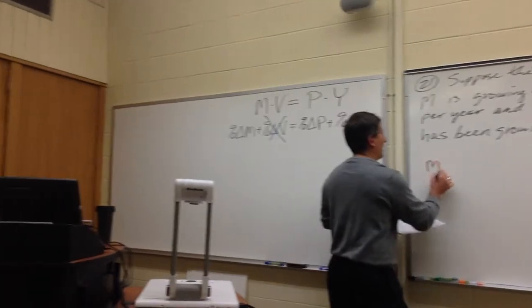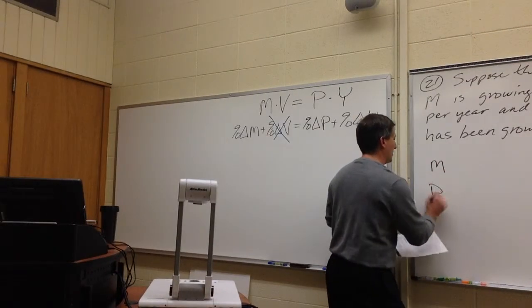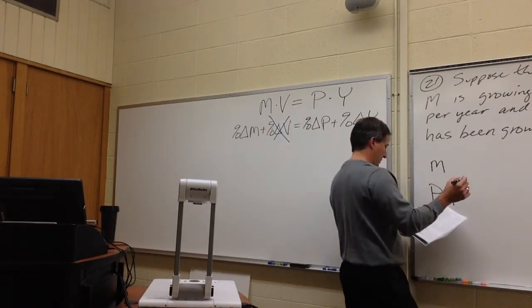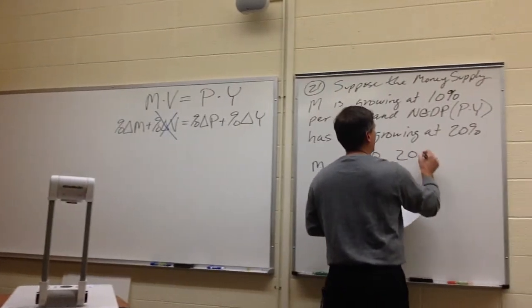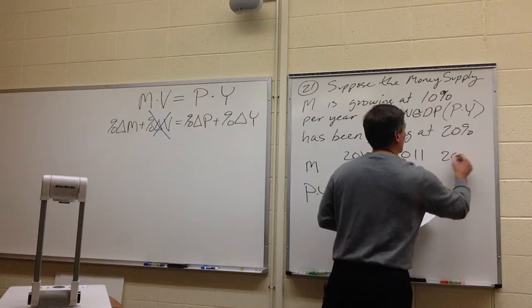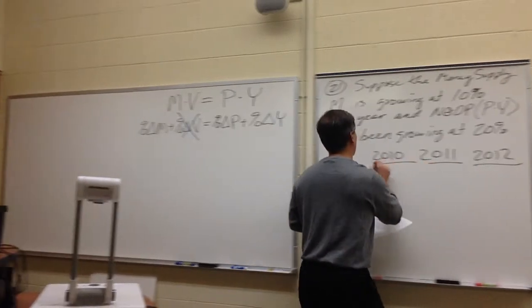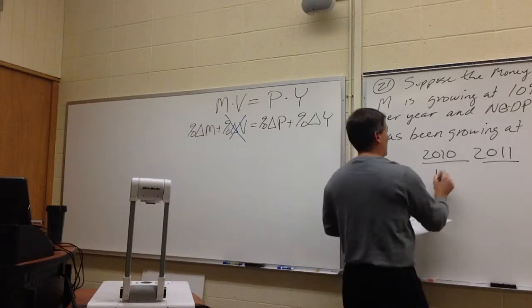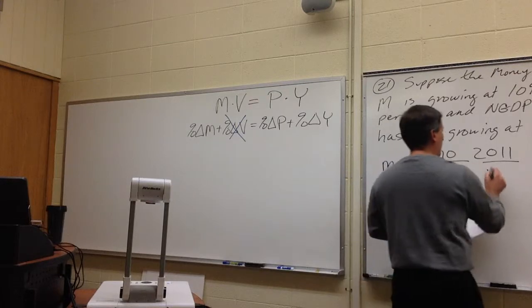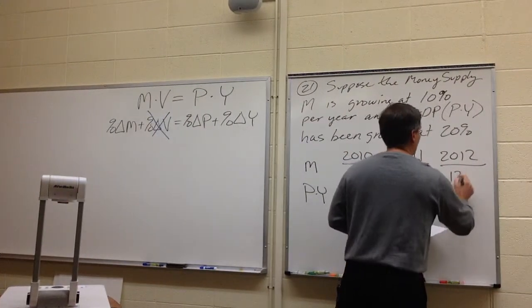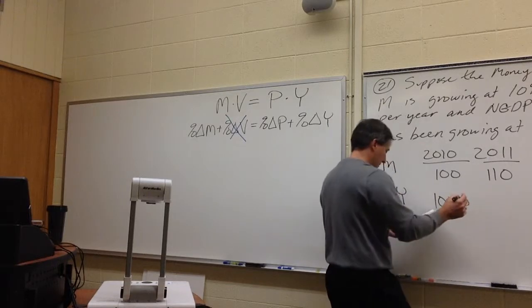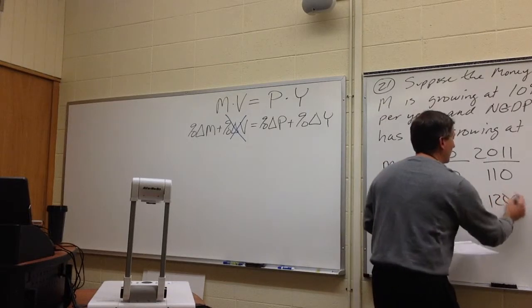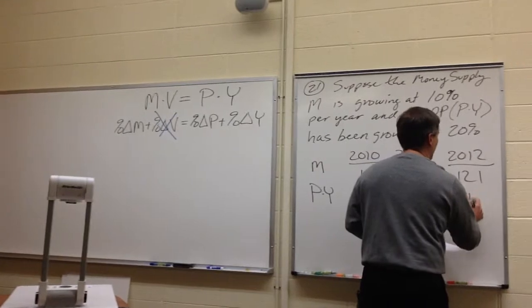So M and PY, we're going to look at 2010, 2011, 2012. 100, 110, 121, that's our 10%. 1,000, 1,200, 1,440 is our 20%.